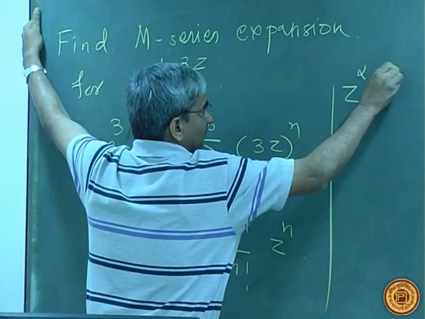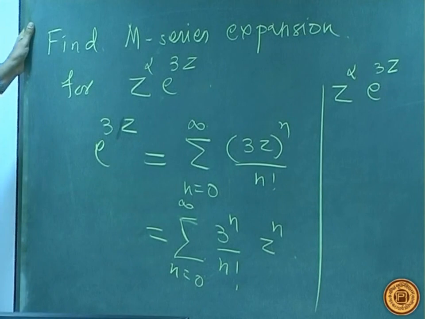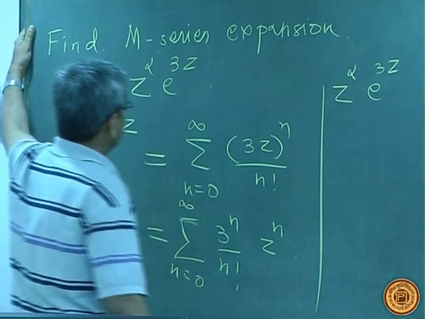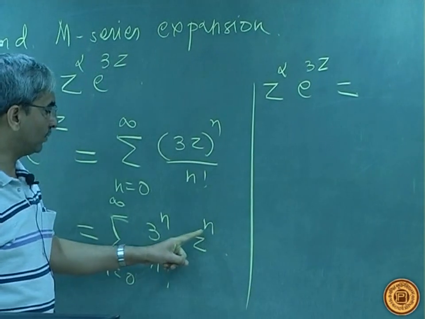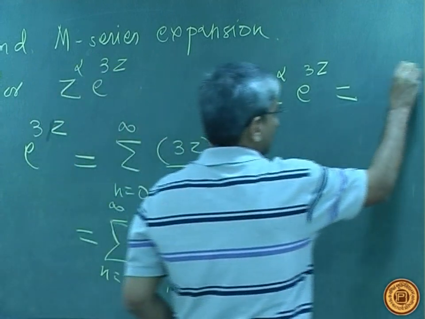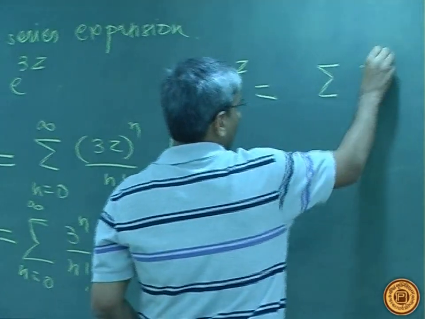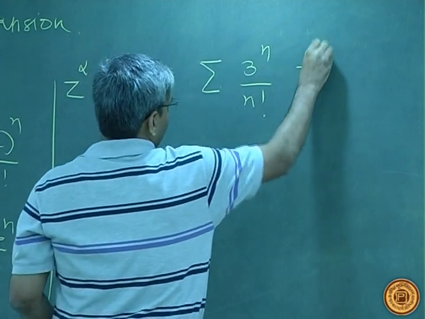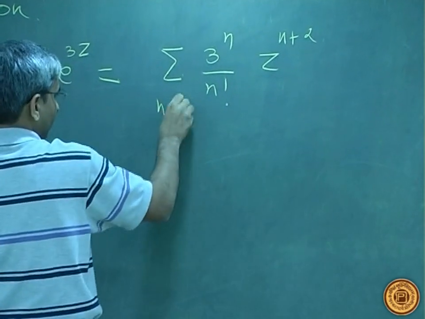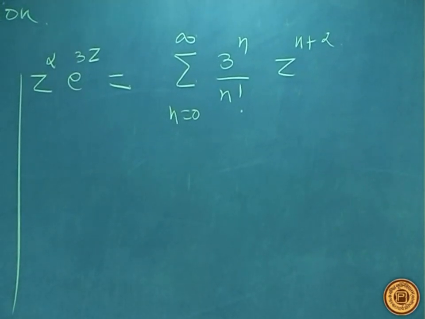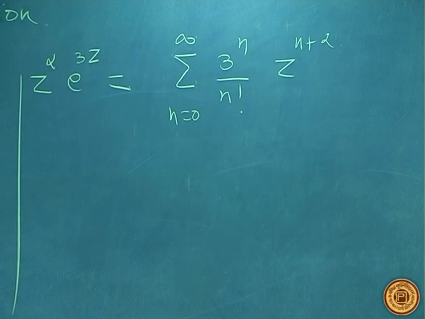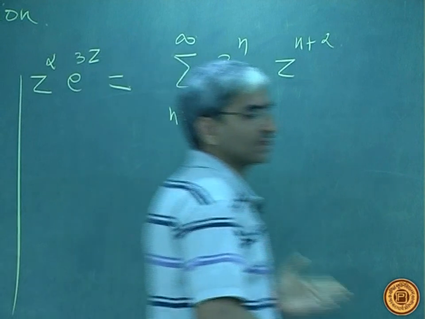So z square e to the power 3z is equal to, this will be z power n plus 2. So summation 3 to the power n upon factorial n, z power n plus 2, n from 0 to infinity. So if you put n equal to 0, you will get the term corresponding to z square.